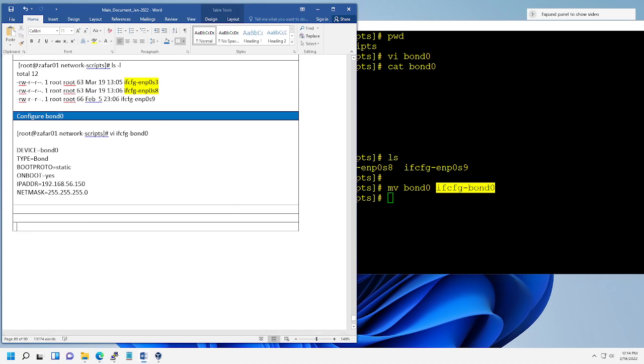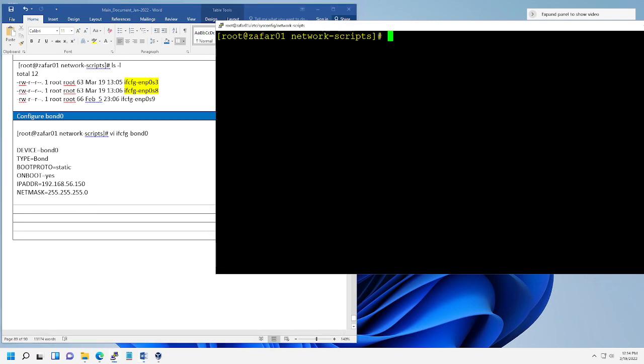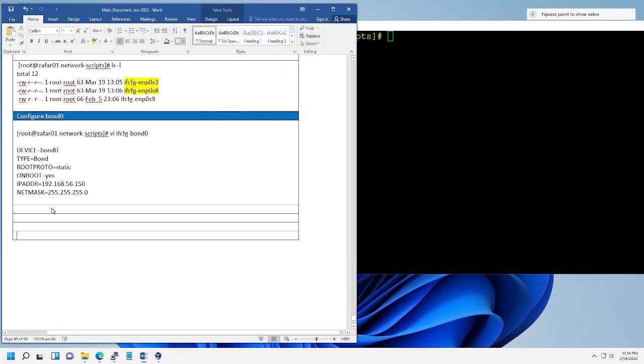Okay, now what we need to do is there is one more extra step here. You need to create a configuration file for bonding, bonding.conf.